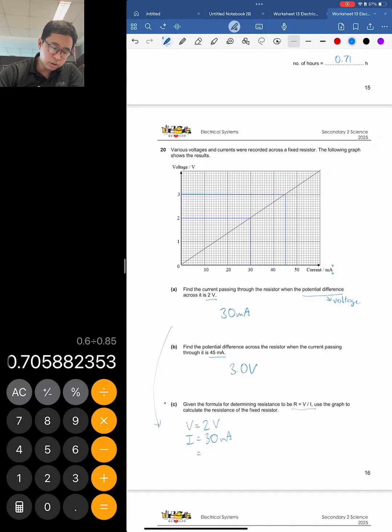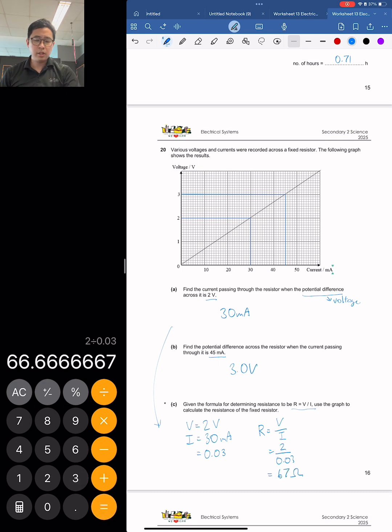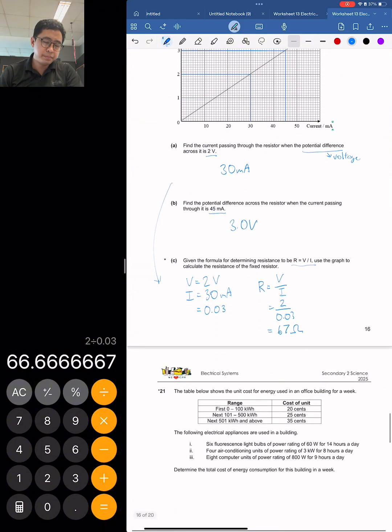First thing we need to do is convert the current from milliampere to ampere, which is 0.03. So then R equals V over I, which is equal to 2 divided by 0.03. This should give us 67 ohms. Okay, 2 or 3 SF, both are fine.